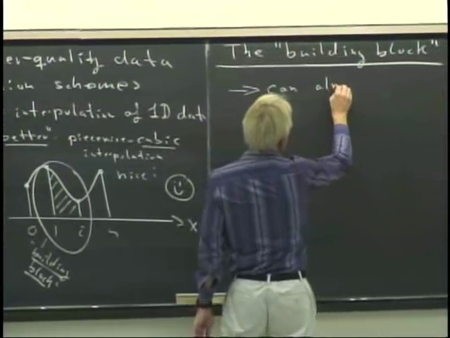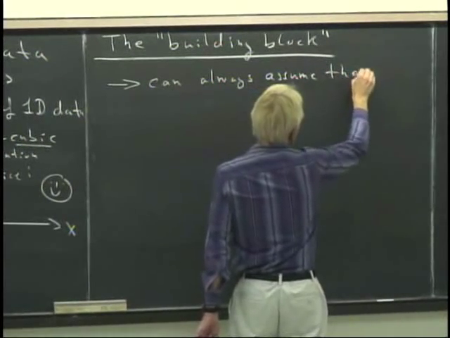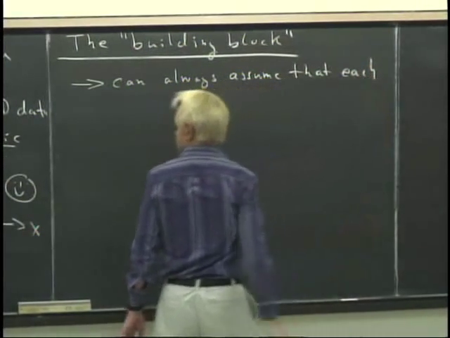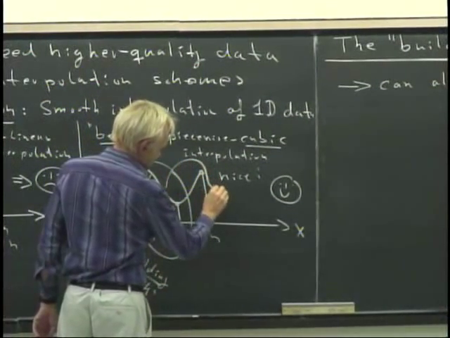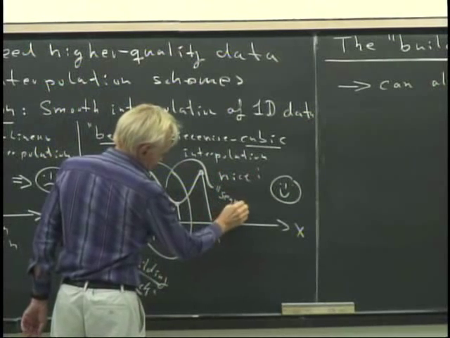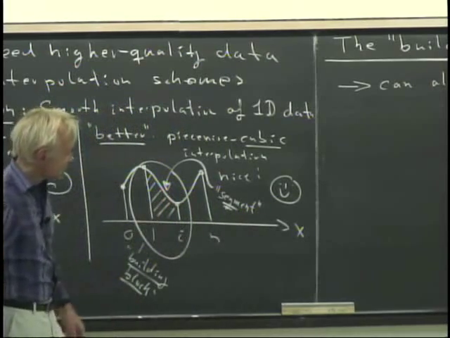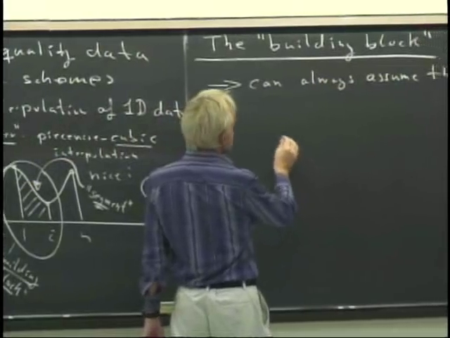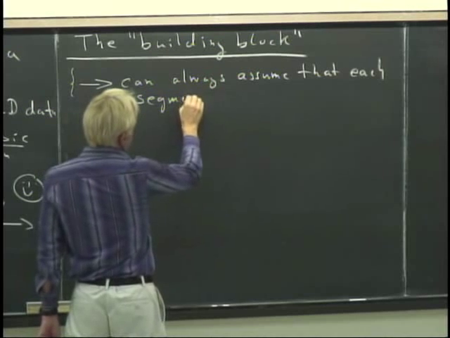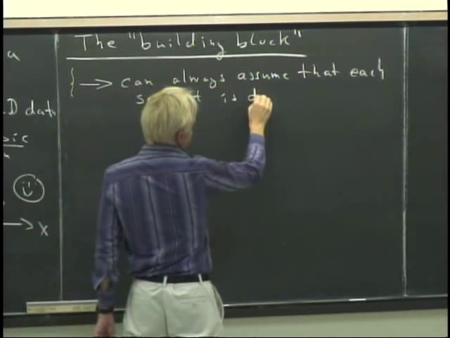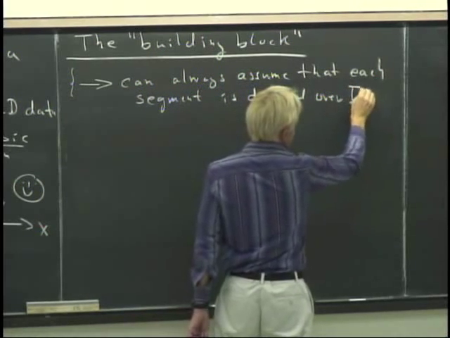We can always assume that each of these things, called the segments of the curve, each cubic segment, is defined over the interval 0 to 1.